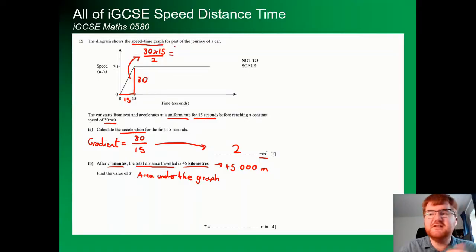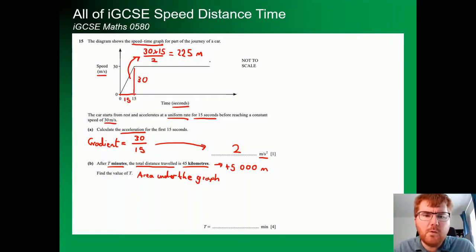Again, you can pop this into your calculator or do a bit of non-calculator work here, and that's going to give you 225. Now let's think about units here, again important in physics and science as well. We have meters per second here, we have seconds, so this must be in meters, and that's really, really important.